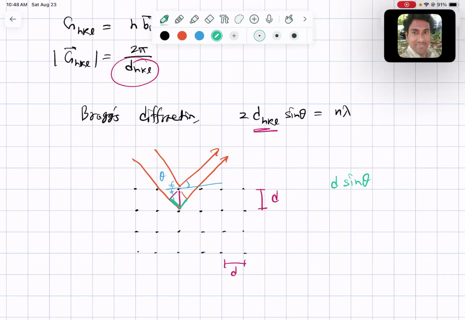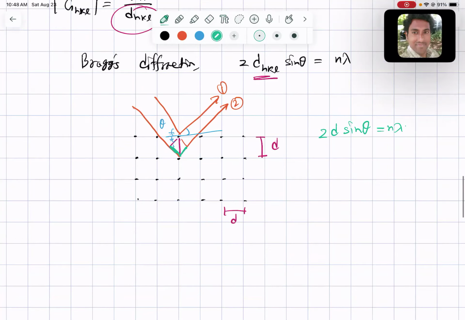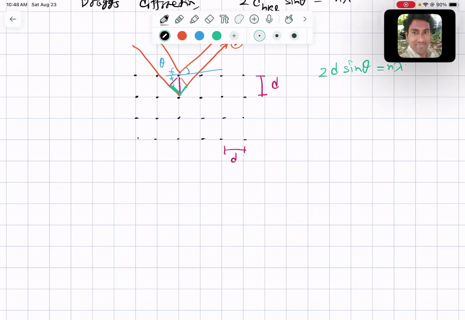Two parallel rays are getting reflected, ray 1 and ray 2. They're traveling different path lengths. One path travels 2d sine theta more than the other one. And if 2d sine theta is equal to n lambda, then they superimpose with each other and make a constructive interference. What do I mean? So this is a wave, and this is another wave.